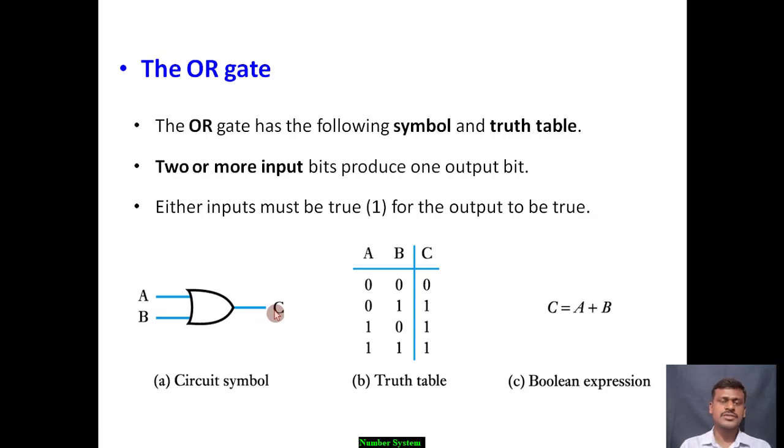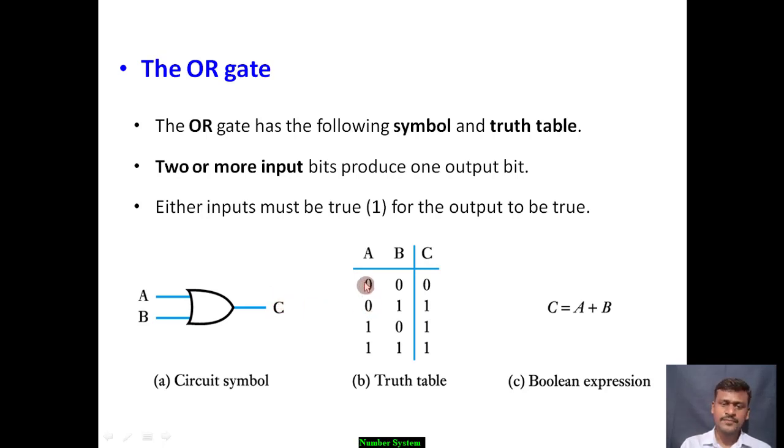So in case of the OR gate, the condition is if any one of the inputs is 1 or true, then the result of the OR gate will be true or 1. The only case where it is false is when both the inputs are false or 0, then the result of the OR gate will become false or 0.